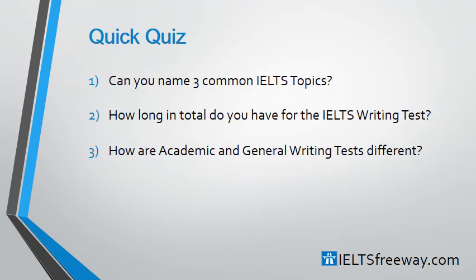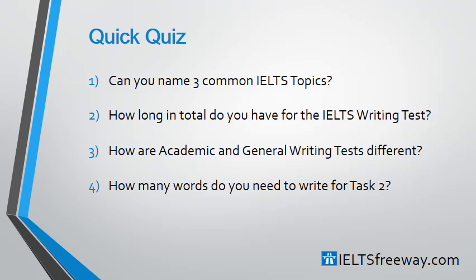Hopefully, you came up with something like the general writing test, part 1 is a letter, but the academic test, part 1, is a summary describing pictures, diagrams, and charts. However, task 2 is identical. Question 4. How many words do you need to write for task 2?